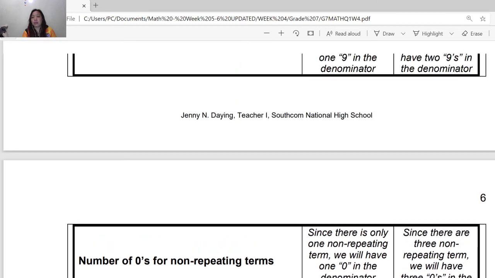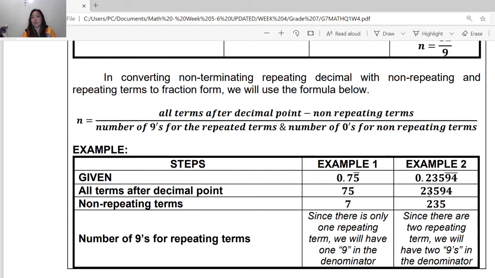So we will have another example, number 2, 0.23594. The repeating term is only 94, so 2 numbers are repeating. What are the terms after the decimal point? They are 23594. What are the non-repeating terms?